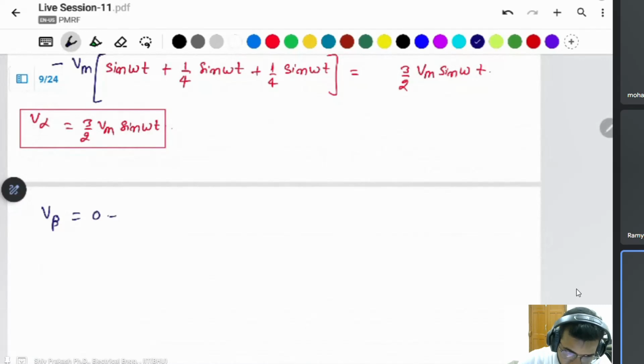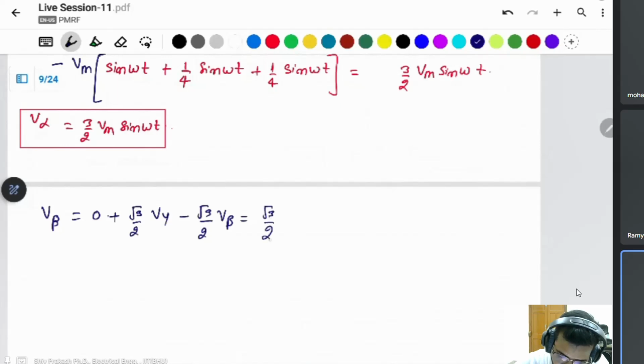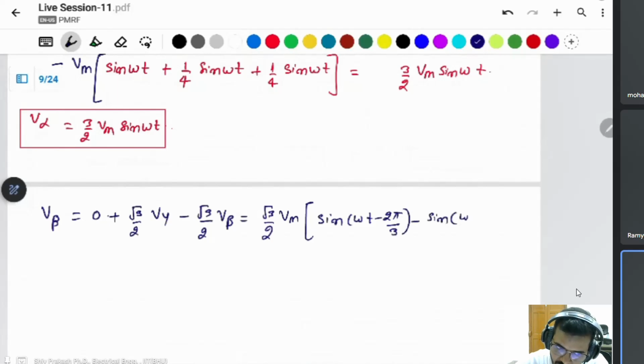So 0 plus root 3 by 2 Vb minus root 3 by 2 Vc. Then root 3 by 2, take Vm common. Vb is sin omega t minus 2 pi by 3, minus sin omega t plus 2 pi by 3.